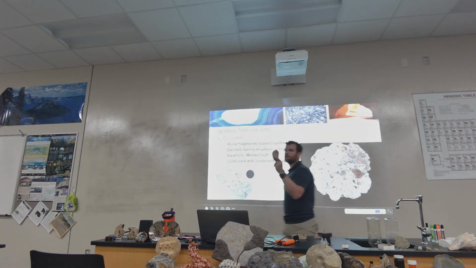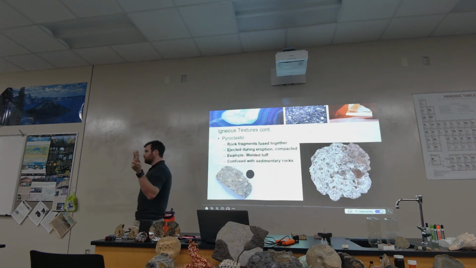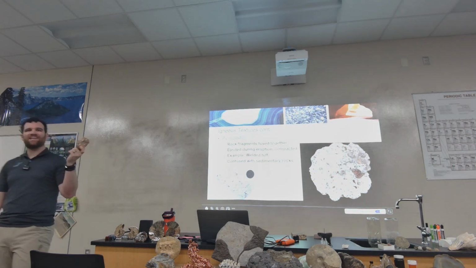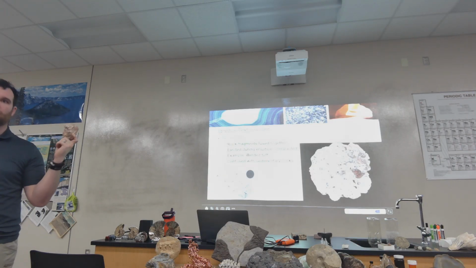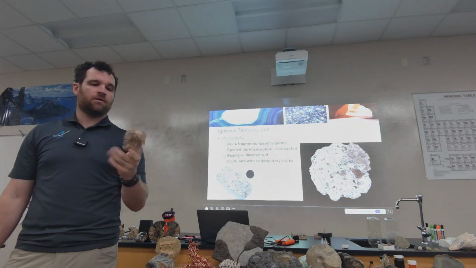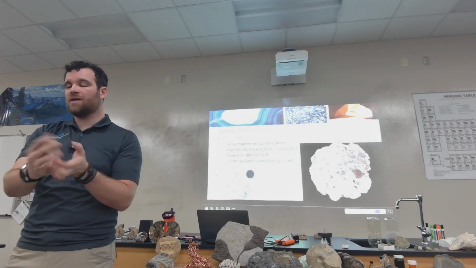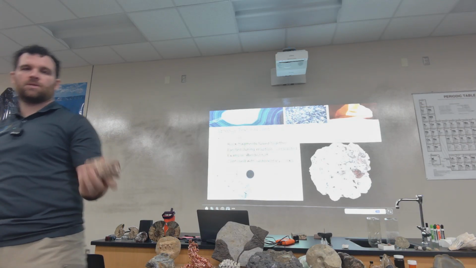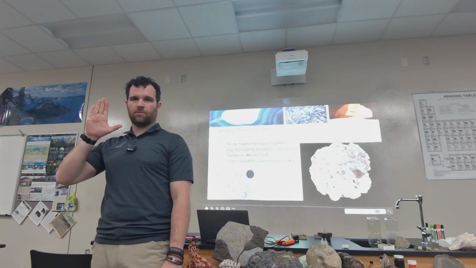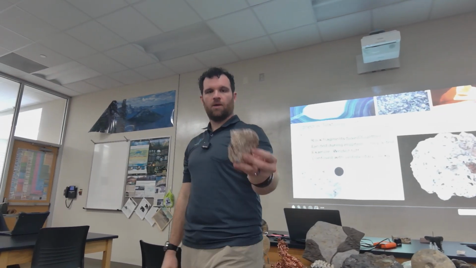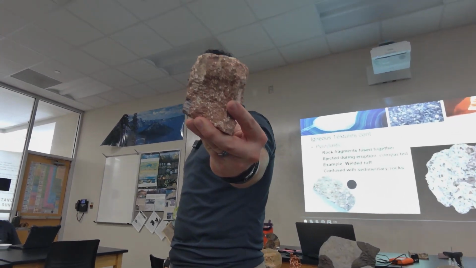This is a volcanic breccia, which is essentially a whole bunch of ash and shattered rock from a volcanic eruption that got piled on top of itself, welded together, and made a new rock, okay? Camera, stick with me there. There we go. Volcanic breccia.